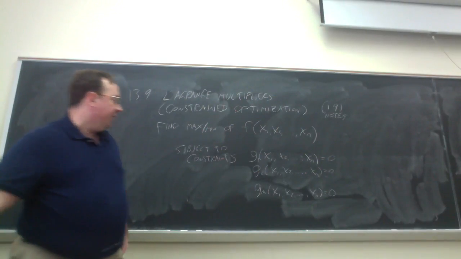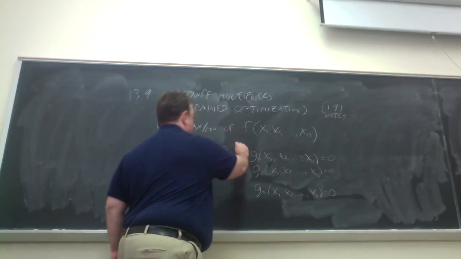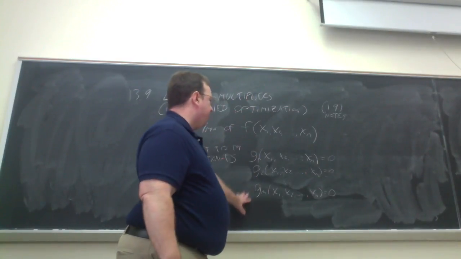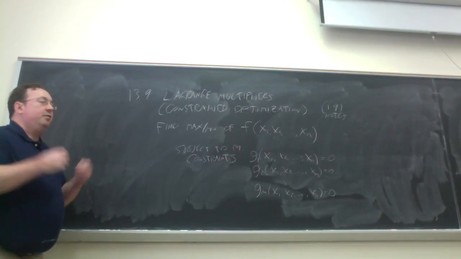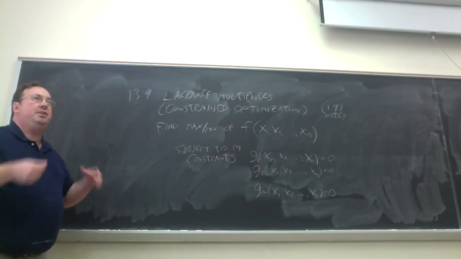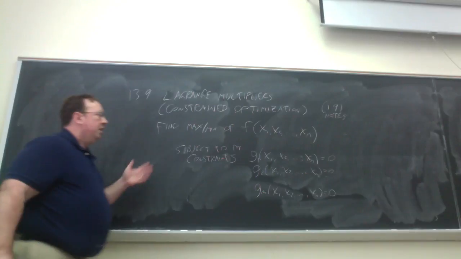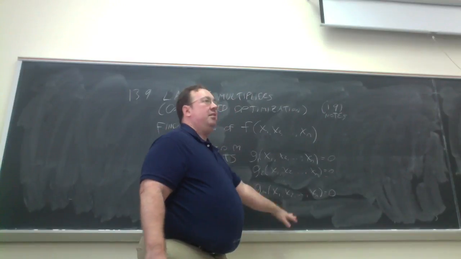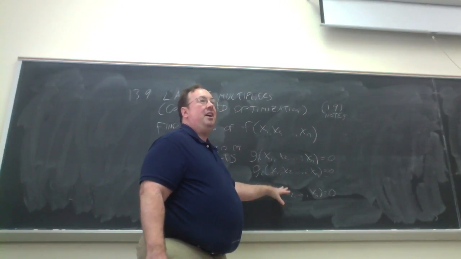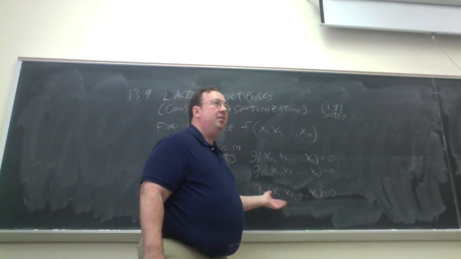So we have m total equations that give us constraints. The procedure we saw last time of taking a gradient and setting it equal to 0 no longer applies, because whatever critical points you get from this might not, or almost certainly will not, satisfy these constraints, so you can't consider it.